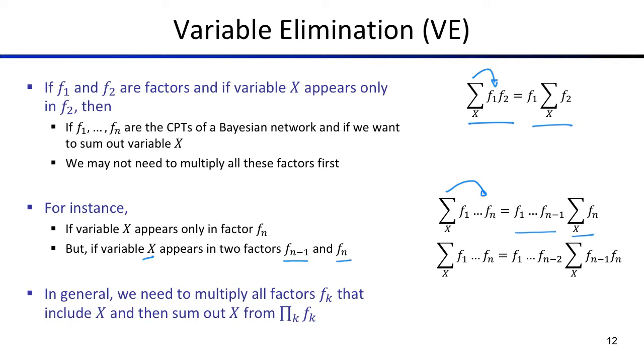Instead of first multiplying all the factors and eliminating the variable x after that, we eliminate the variable x just after we multiply the factors fn-1 and fn. So we anticipated the elimination of variable x. Just keep in mind that this rule is going to work, but we must be careful to multiply all the factors that mention a variable first and later on eliminate that variable.